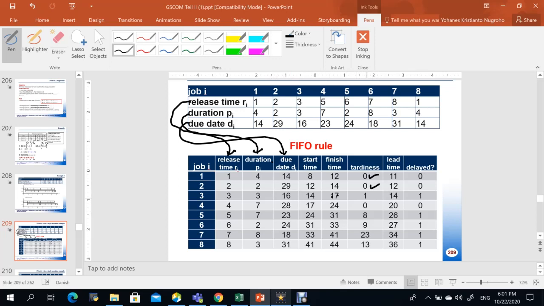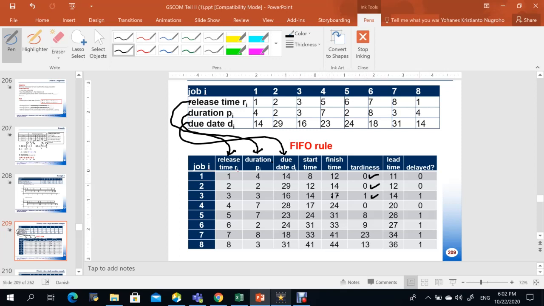But there is tardiness at job number 3, because the due date is lower than the finish time. And then we have 1 here. Similarly here, the due date is 23, but the finish time is at minute 31, and therefore the tardiness is 8 minutes, because 31 minus 23 equals 8, right?